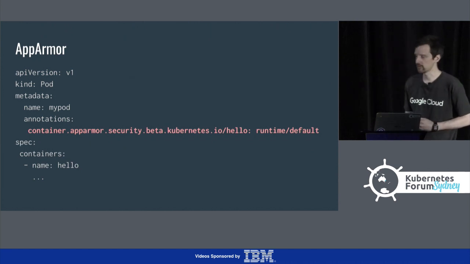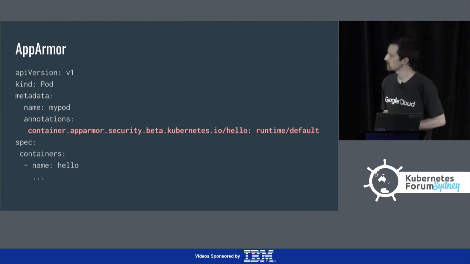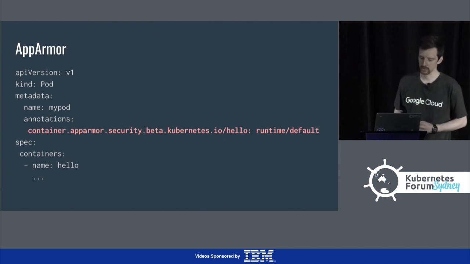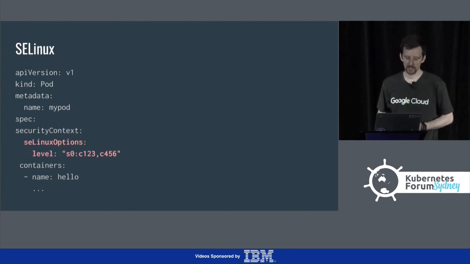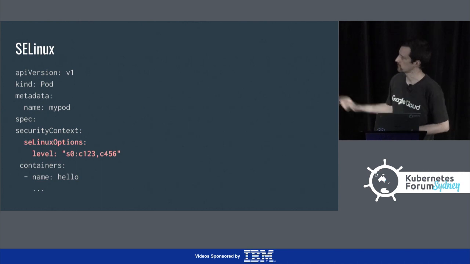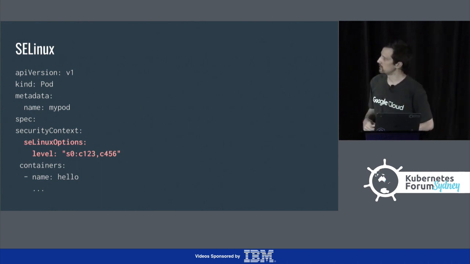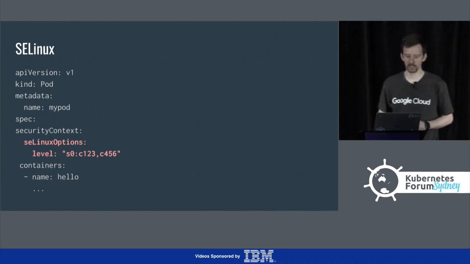AppArmor, thankfully, if it's installed, is used by default, but you can ensure that it's set by adding this annotation, or if you want to use a custom profile, you can set that here in this annotation. And then SELinux can be done as part of the security context in your pod, so you can set your SELinux levels and other options there.